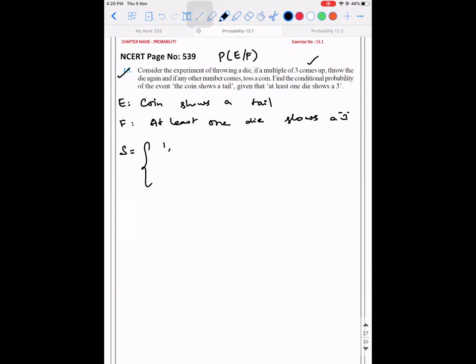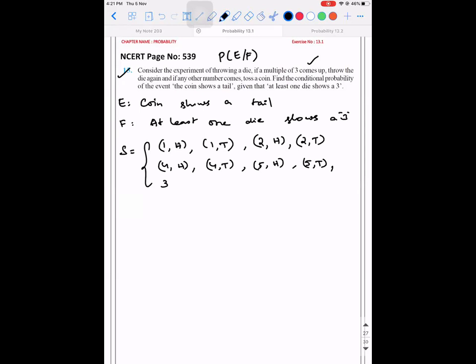I can get a head or a tail. 1 comma head is possible, 1 comma tail is possible. Similarly, 2 comma head, 2 comma tail, 4 comma head, 4 comma tail, and 5 comma head, 5 comma tail are possible.